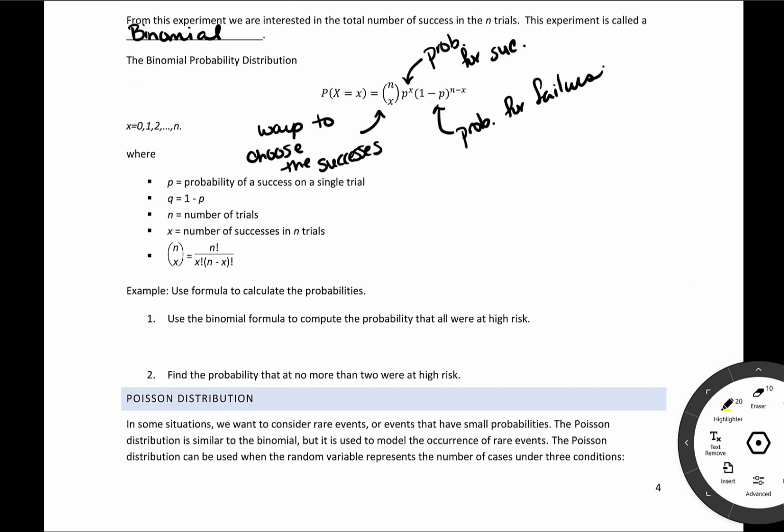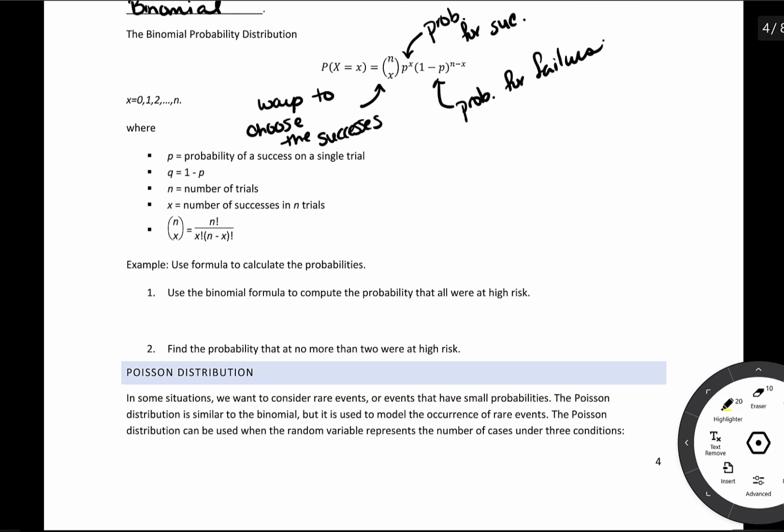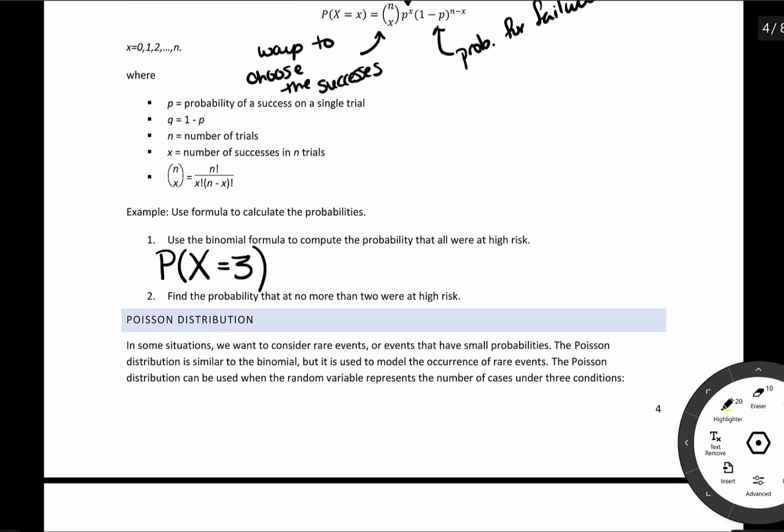All right, so we're going to calculate some probabilities here. We're going to use the formula to compute the probability that all were high risk. Well, we've got 3 people. So if they're all high risk, we're looking at the probability that X, which is the number of successes, is equal to 3. Okay, so everybody's high risk in this case. To do this, we fill in our formula.